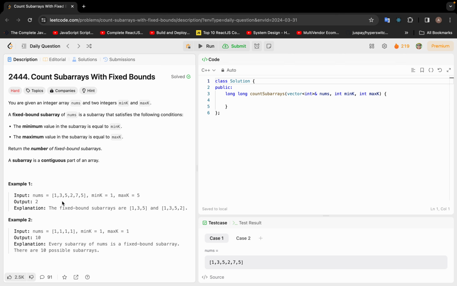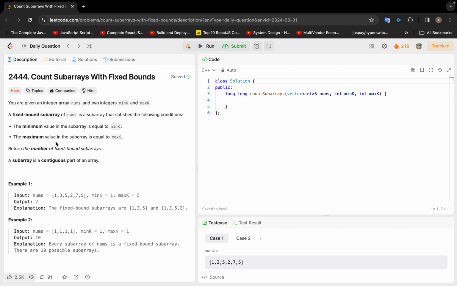In the first example, 1 3 5 has minimum value 1 and maximum value 5, so this can be an answer. And 1 3 5 2 has minimum value 1 and maximum value 5, so it can also be a subarray. Otherwise, we don't have any other subarray with minimum 1 and maximum 5.